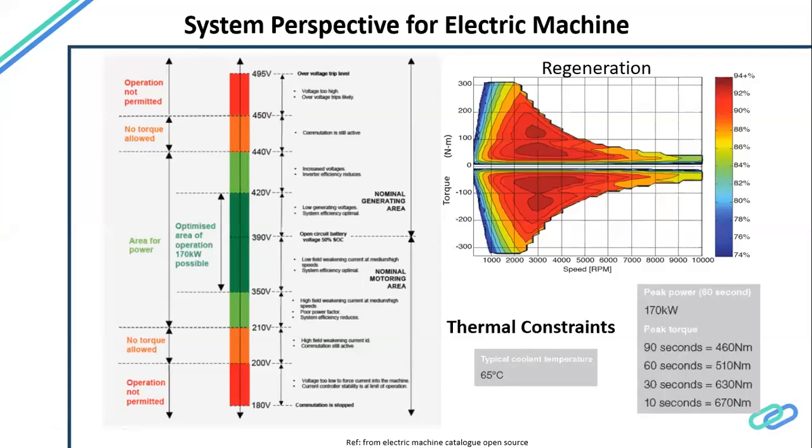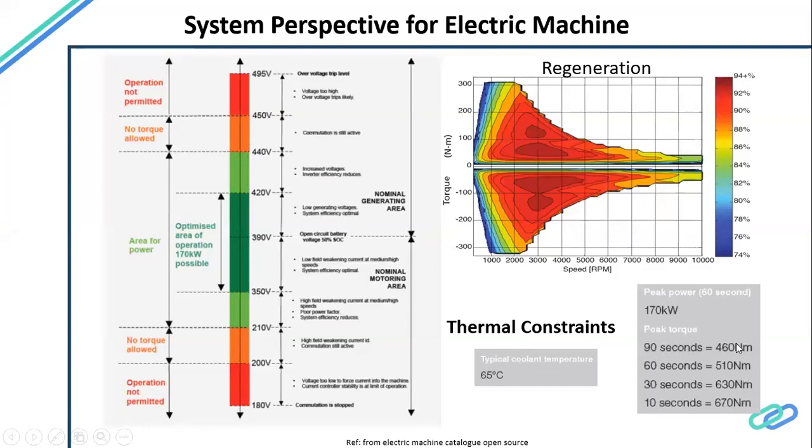Then this is also constrained thermally. So what is the incoming coolant temperature? You can see as the machine starts rolling, it can give very high torque for say 10 seconds. Then as we continue operation, in 90 seconds you can see from 670 volt the torque has dropped to 460 Newton meter.